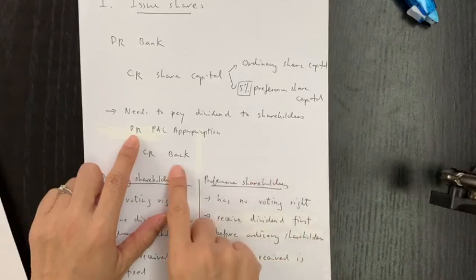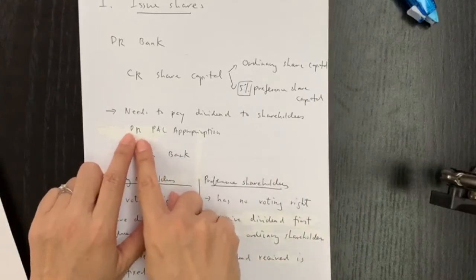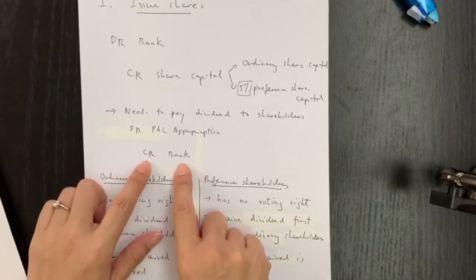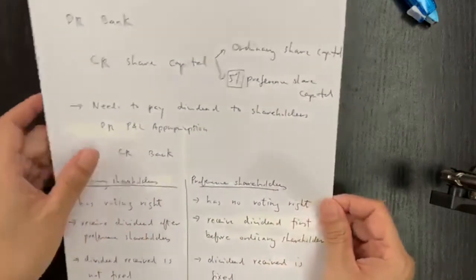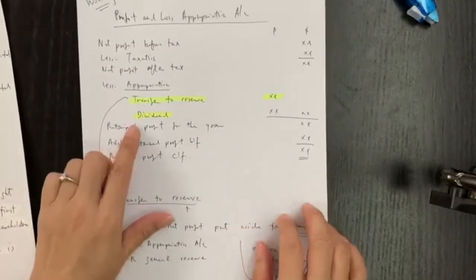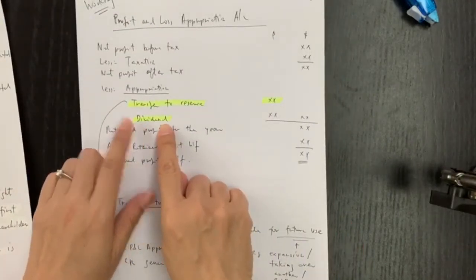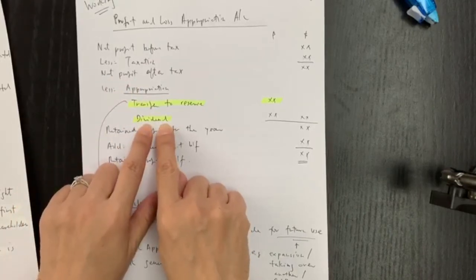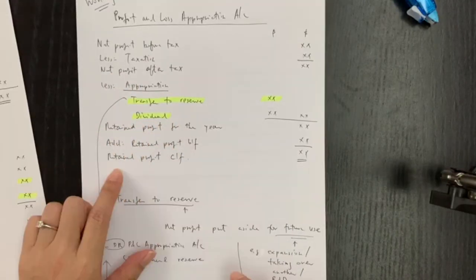So that's why we have this double entry: debit profit and loss appropriation account, and pay money to shareholders for dividend. This debit to the profit and loss appropriation account is exactly the same as the dividend to be deducted from the net profit earned by the limited company.